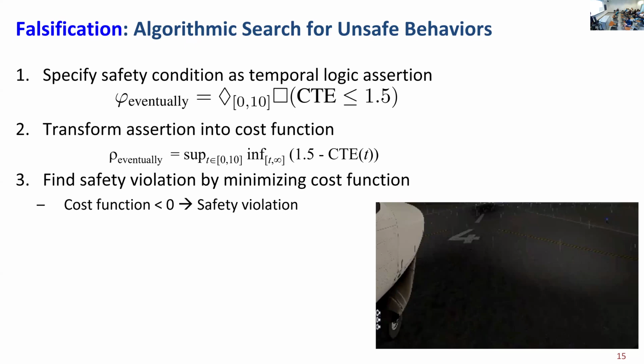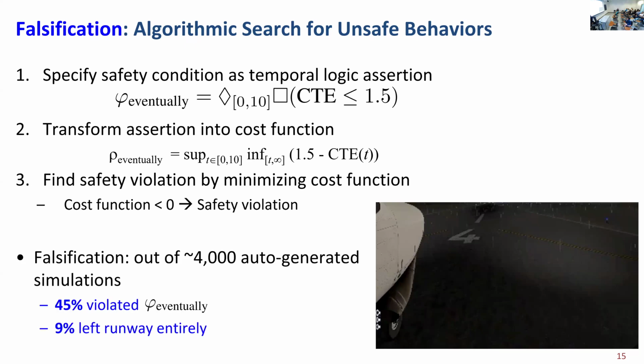And if the value of the cost function is driven below 0, it corresponds to a safety violation. In this case, this is all running using Verify. Out of about 4,000 simulations that Verify automatically generated, about 45% of those violated the safety property, and about 9% of those left the runway entirely.